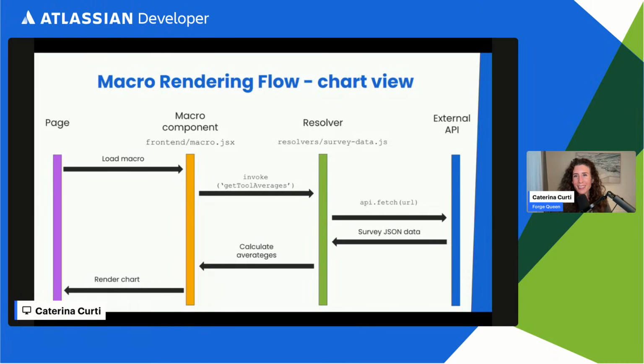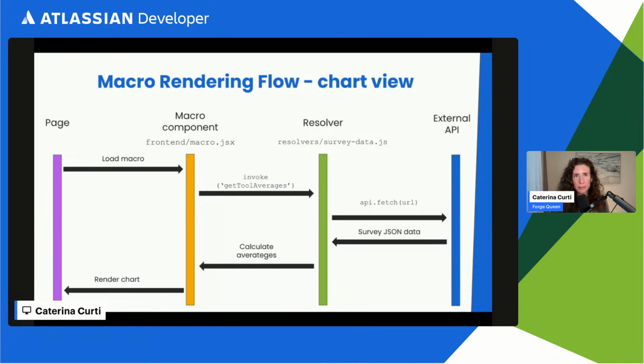The main difference is that when we are loading the table, so our dynamic table, instead of doing an invoke for get tool averages, there is another function being called, which is retrieving all the data, because in the table we are displaying not a summary, but the names and the scores for each tool. And also there are no averages being calculated there. The entire set of data is being returned.